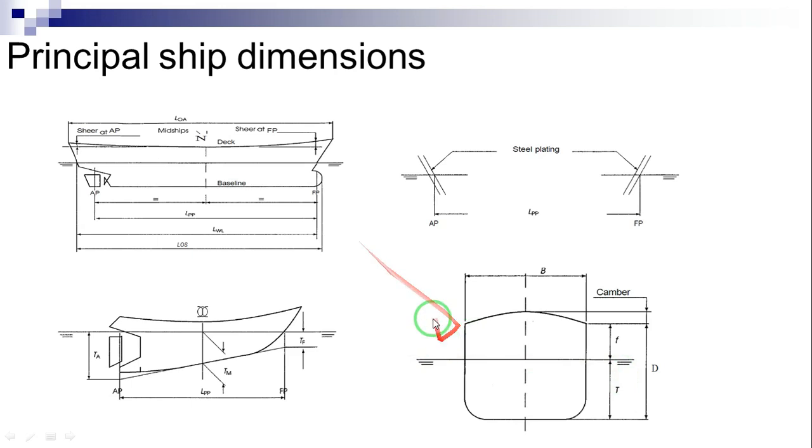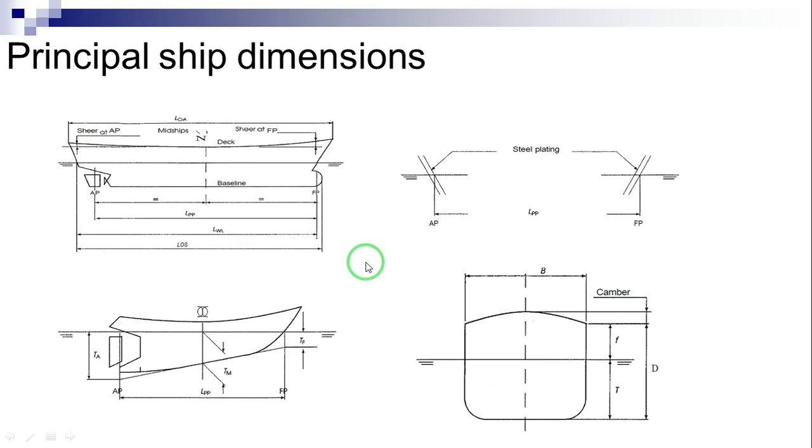TA is aft draft, TF is forward draft, TM midship draft, LOA length overall, LPP length between perpendiculars, LOS length overall submerged, LWL length of waterline, as we can see here.